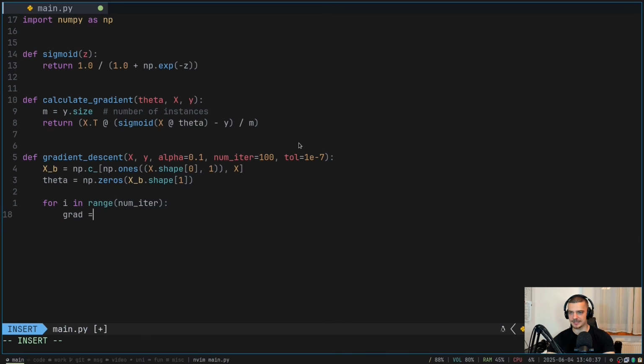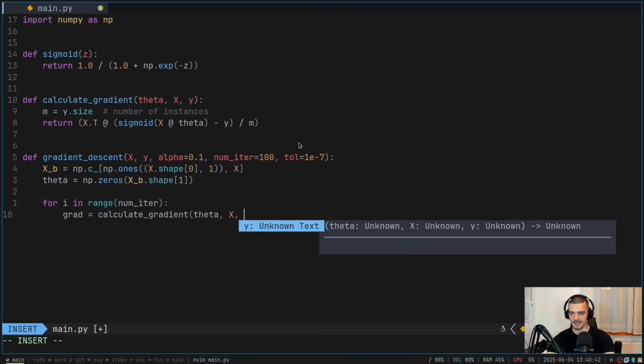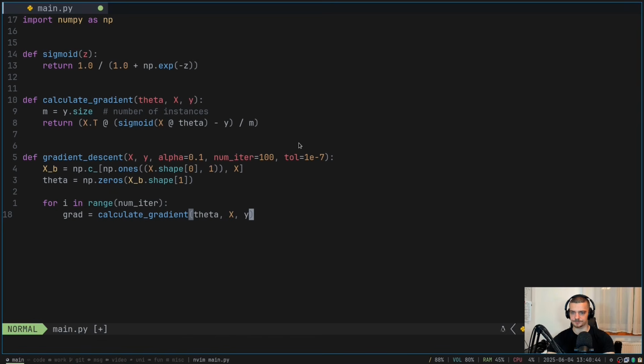So we're going to calculate the gradient given theta, given x, given y. We're going to take that gradient and move in the opposite direction. So I'm going to say theta minus equals alpha times the gradient.